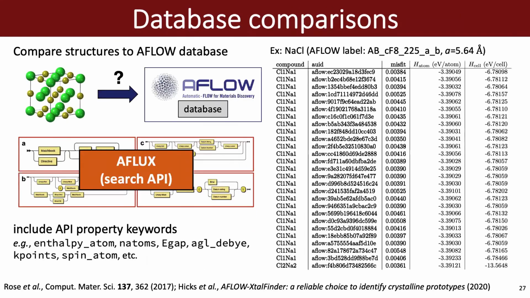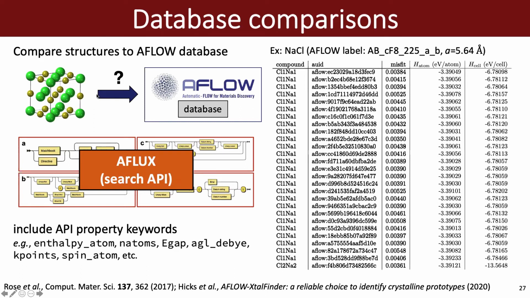And again, going a step further, what if you wanted to determine if your compound actually already exists in the entire AFLOW database? For example, if you have a rock salt structure and you want to know what the duplicate rock salt compounds in the database are. And so this uses the underlying AFLOW search API, and Cormac's going to be talking about that in the next session when we talk about the organization of the database and querying the properties.